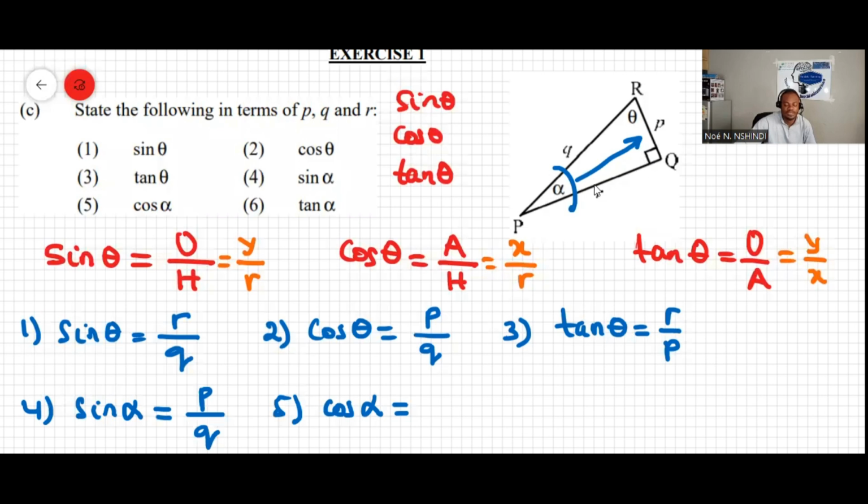So it's this side here, R. So this side is called adjacent. So R over hypotenuse, which is Q. And then 6. The question says tan of alpha. Tan of alpha is opposite over adjacent. Opposite is P and adjacent is Q.